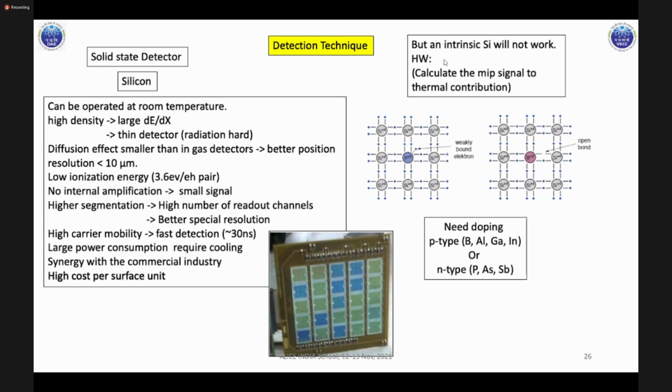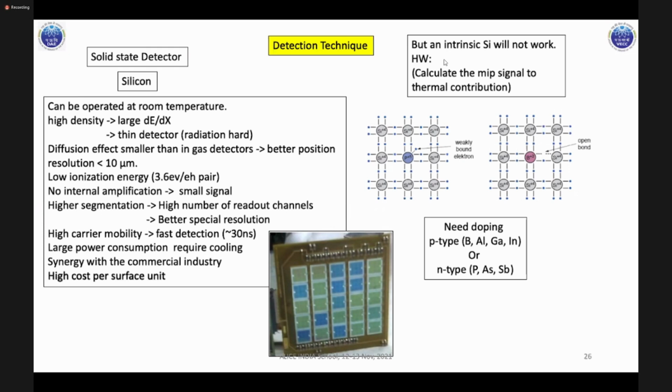They will add more electrons to the system, and effectively you will get a resultant current when you apply the voltage, and as a result, we will get an output, current or pulse.